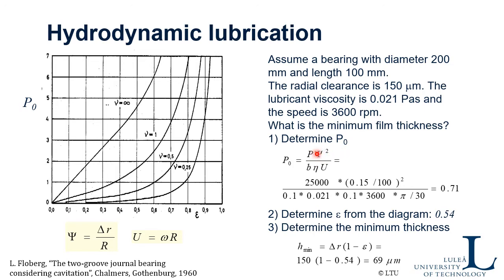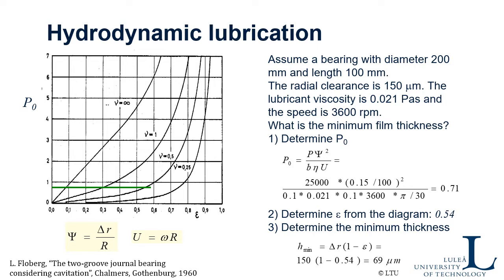This symbol psi is simply the ratio of the clearance over the radius of the shaft, the journal. So putting the numbers in here, we can compute the P naught to 0.71, and then we just read the chart.